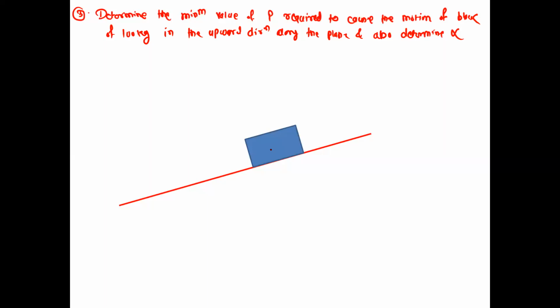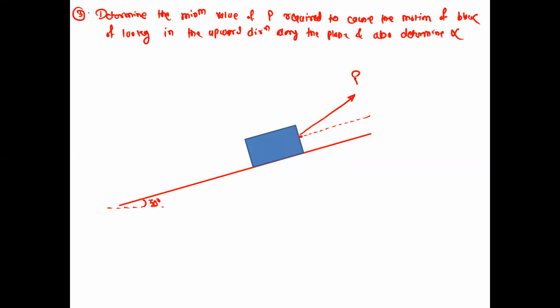So this is the block of 100 kg. It is kept on the inclined surface, and the inclination for this surface is 30 degrees. This is the line which is parallel to the plane surface. And one force P is applied on this block at some angle alpha with respect to the horizontal.